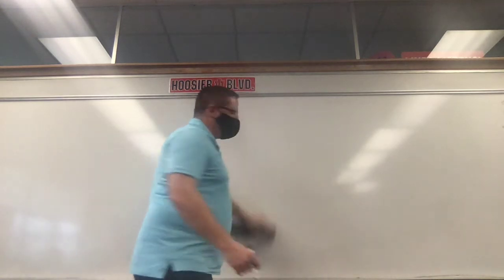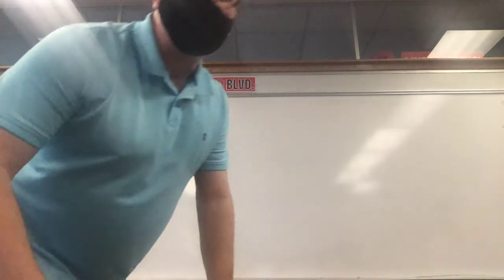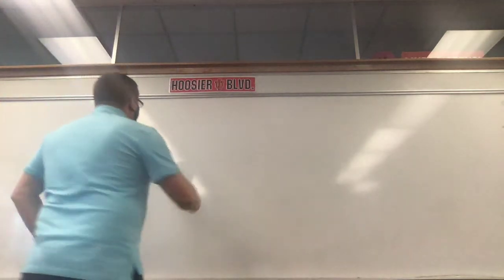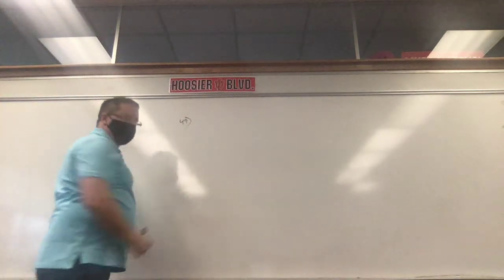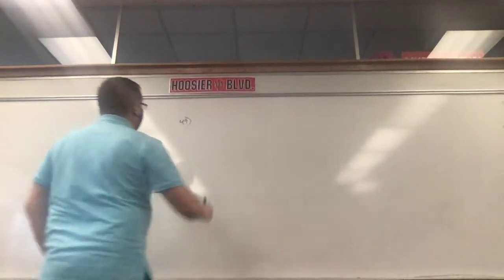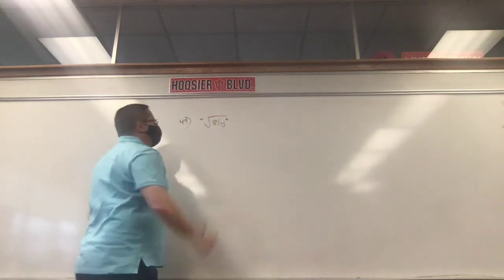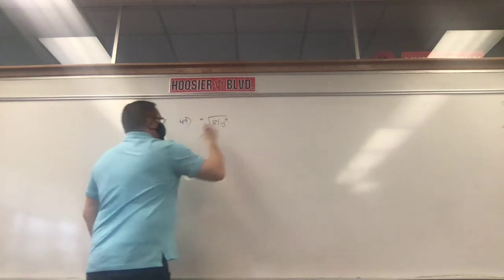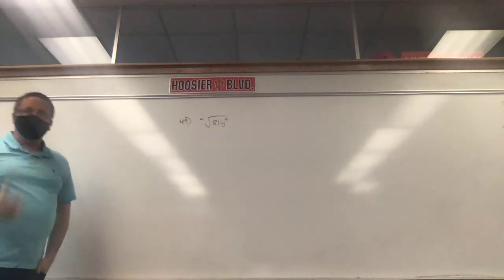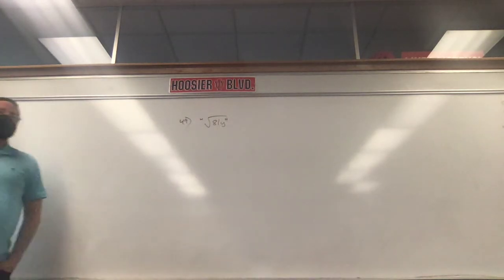Okay, let's actually dive into the problems here. All right, so what are we on? Number 49. We have the fourth root of 81 y to the fourth. Okay, this is a little bit tougher. Here's what I would suggest you do. I would ignore the variable at first.